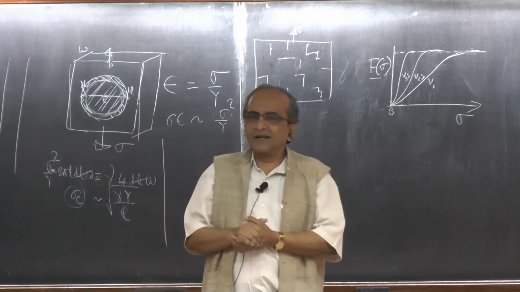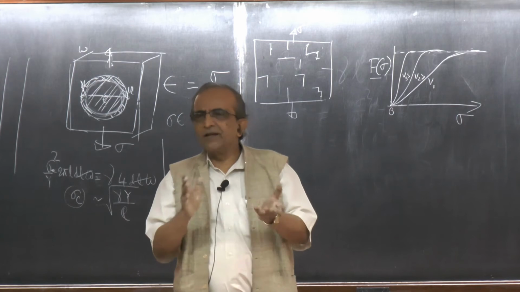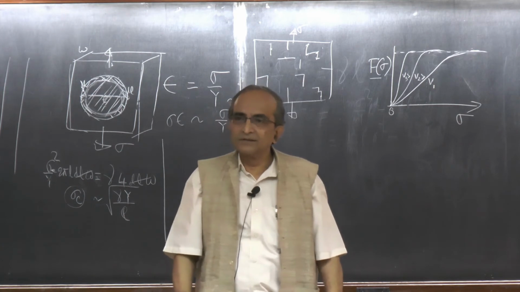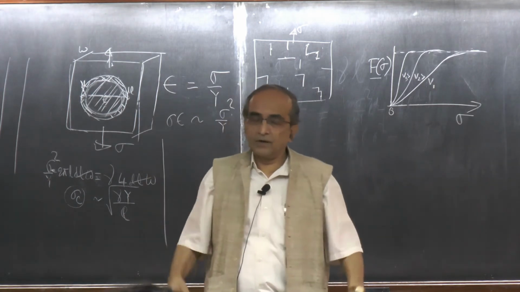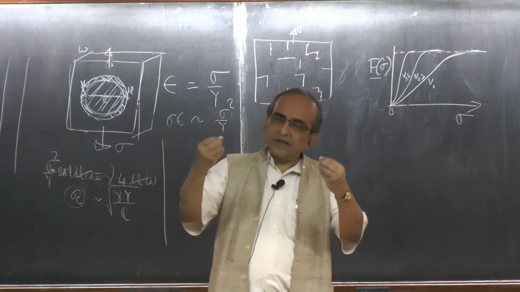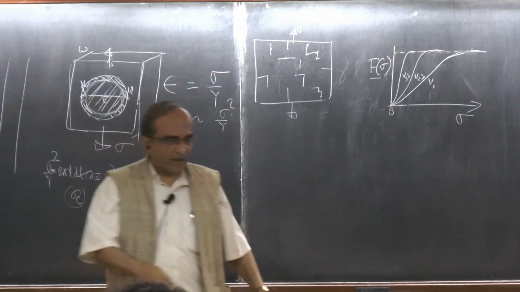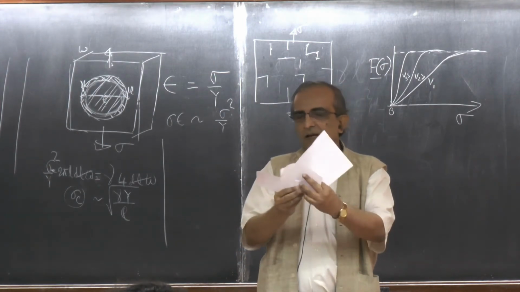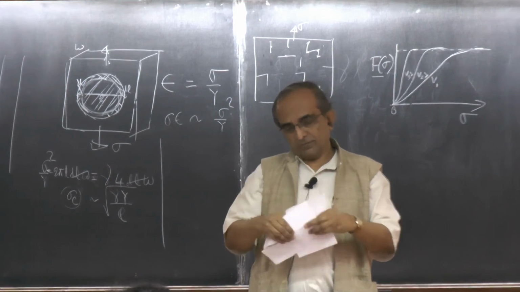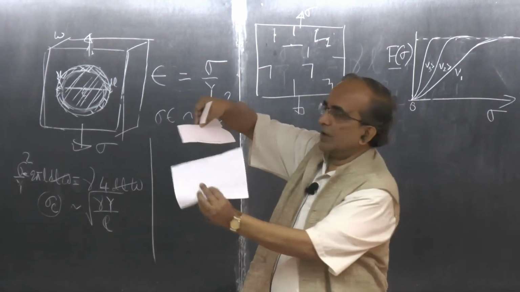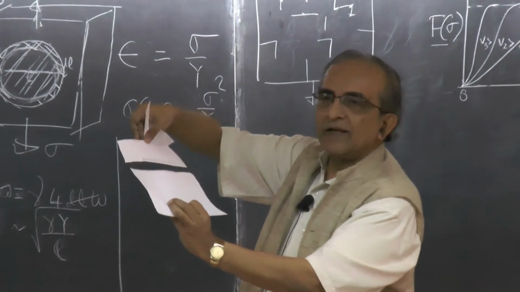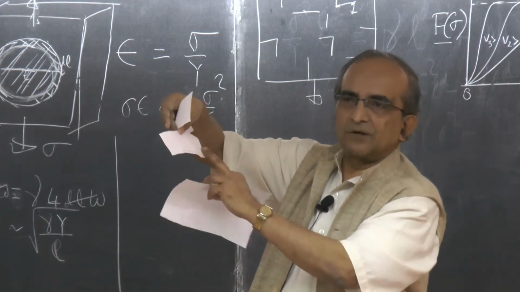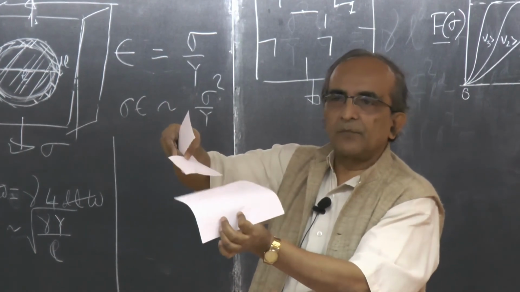It is kind of natural, isn't it? A bigger sample may have a bigger void somewhere, and the bigger void will probably make a weaker point. Unlike the conductivity of the sample: suppose this material is conducting and there is a non-conducting part.